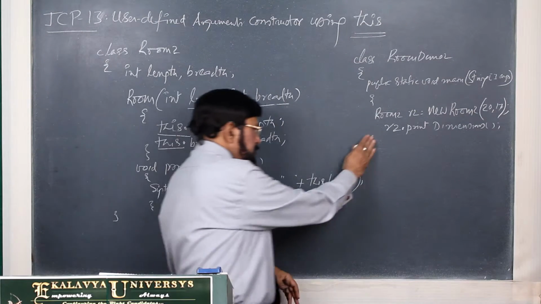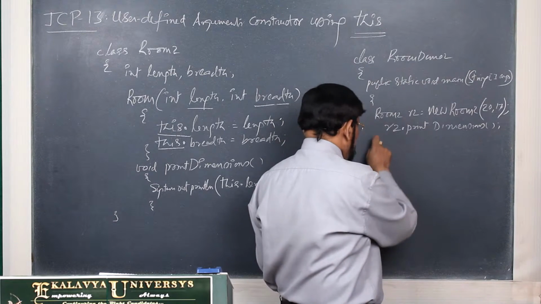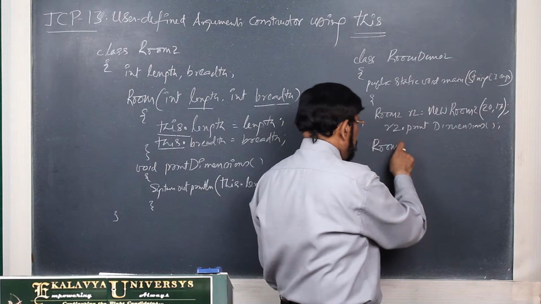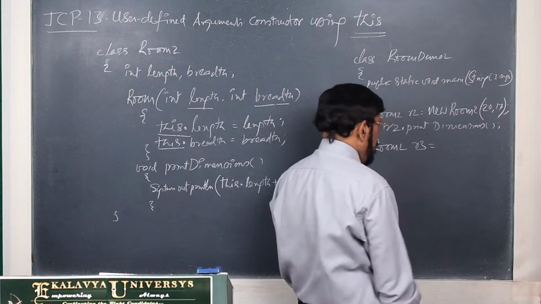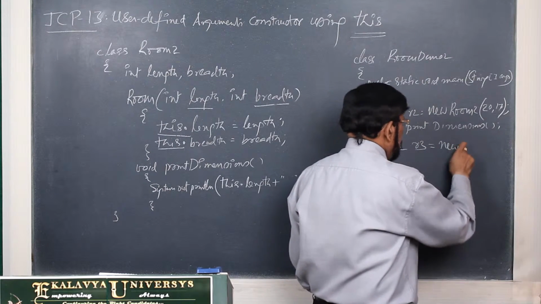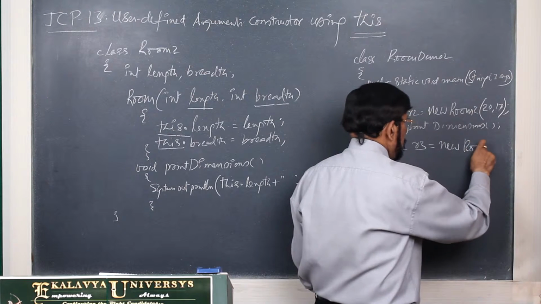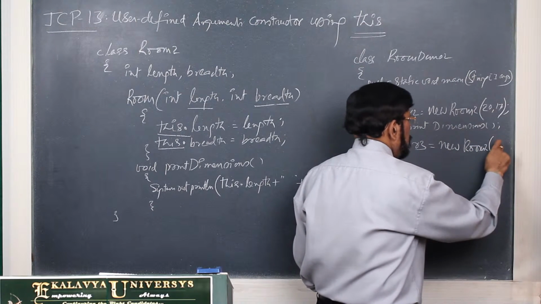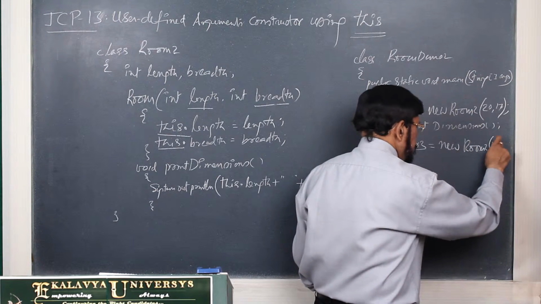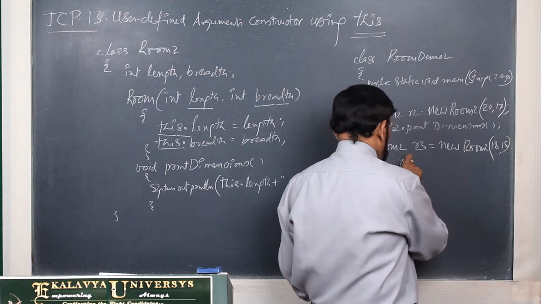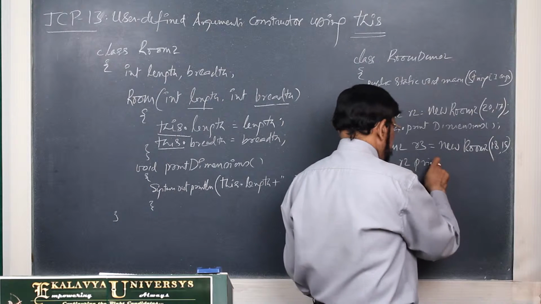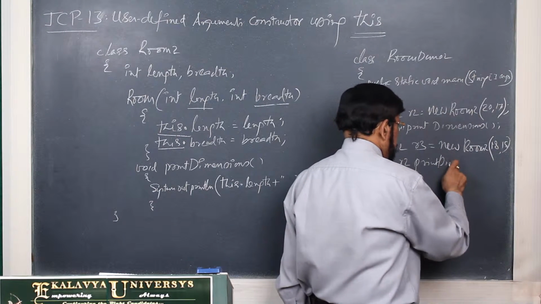Suppose, in order to crystallize your knowledge, I give you one more: R3 equals new Room2 with 18, 15. Then R3 print dimensions.